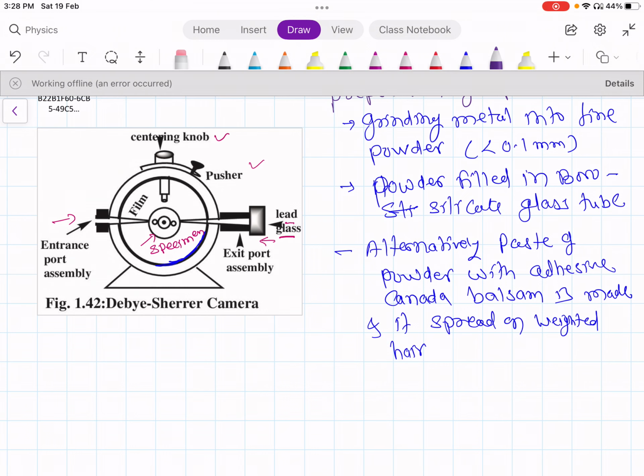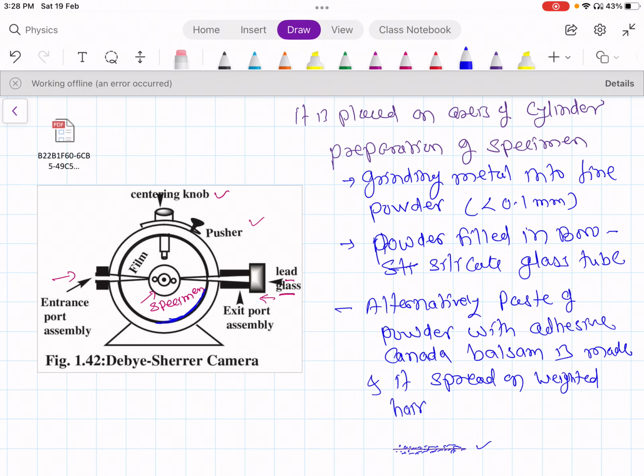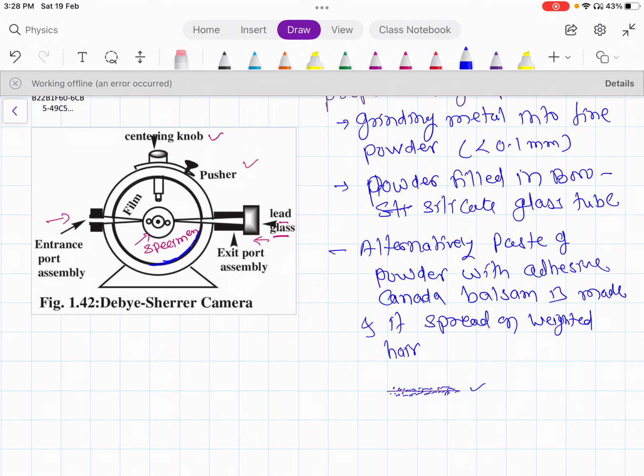It means that if this is the hair, on that hair this powder paste is sprayed. And then this sample is placed exactly at the center of the cylinder, on the axis of the cylinder. So this is how the sample is prepared, and then it is placed on the axis of the cylinder and exposed to the monochromatic X-ray beam.